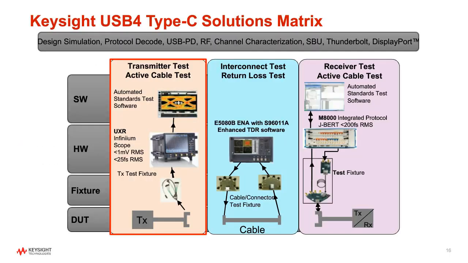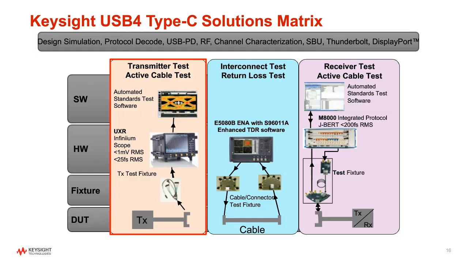Finally, the very last slide. So this is the Type-C Keysight Solutions Matrix: design simulations, solutions, protocol decode, PD solutions, RF for the Type-C connector, channel characterization, which is on the board and between the silicon and the Type-C connector, sideband, Thunderbolt display. We have the transmitter test.